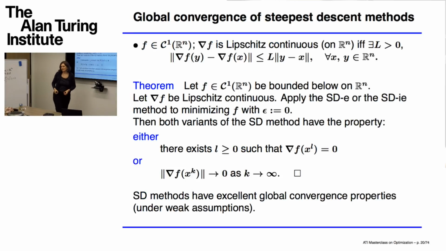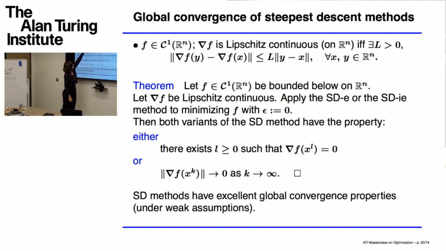Now, if I take a line search framework and I do my line search exactly or inexactly, and I take as my direction the steepest descent on each iteration, then I can give these kinds of guarantees of global convergence. So let me explain what these are. If I have a function that's continuously differentiable and bounded below, and the gradient is Lipschitz continuous, okay, what does this mean?